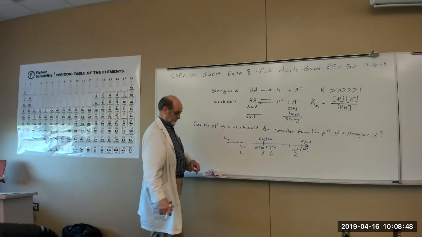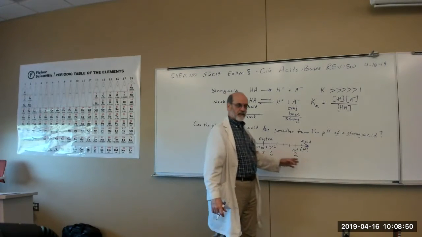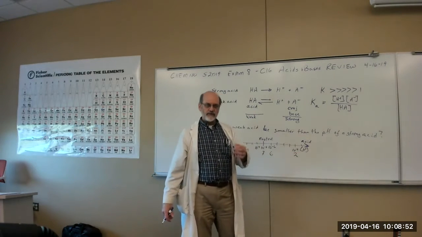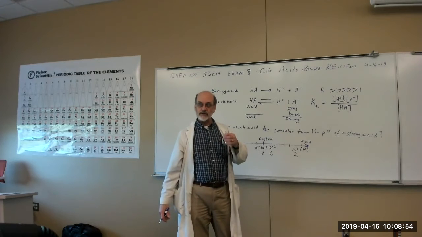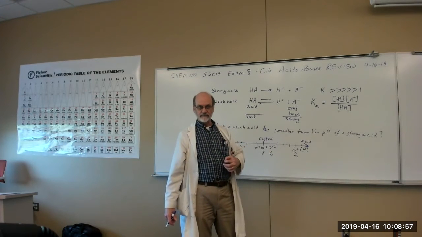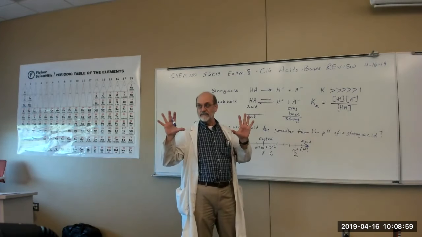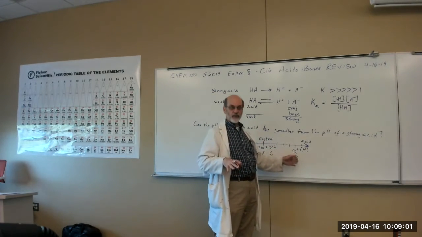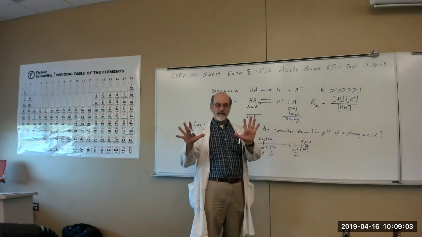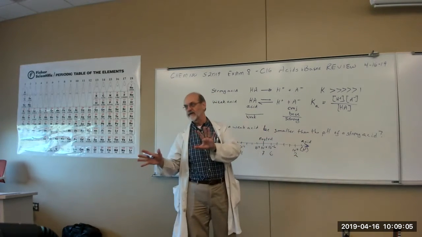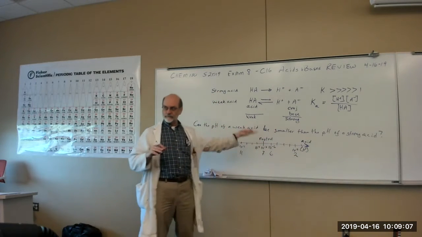And for every pH unit, how much does the hydrogen ion concentration change? What's the factor? 10 times. Every time you change a whole pH unit, you get 10 times more or 10 times less, depending on which direction you're going.